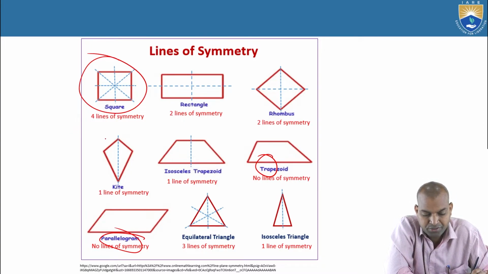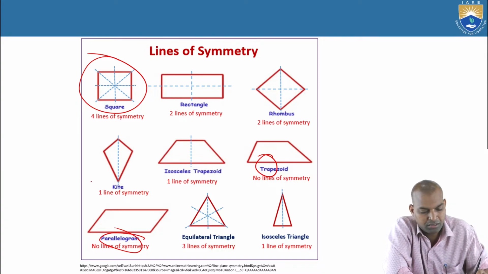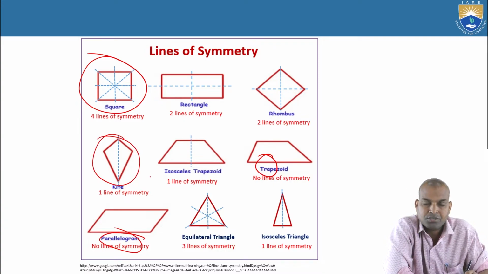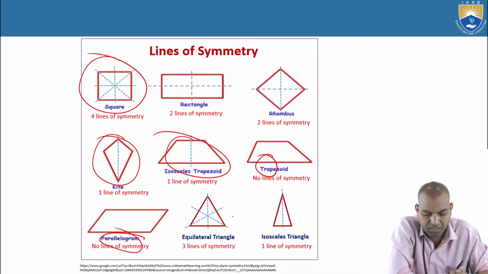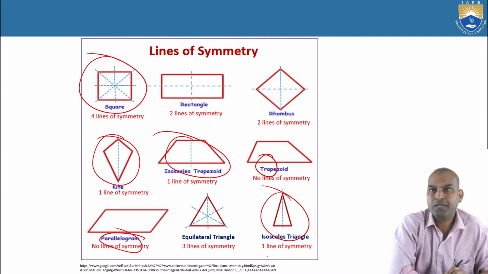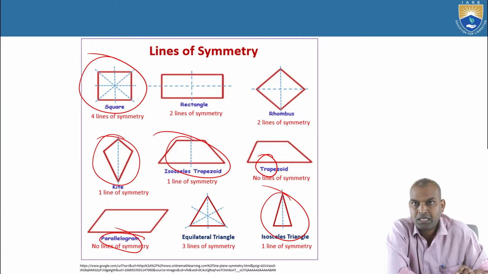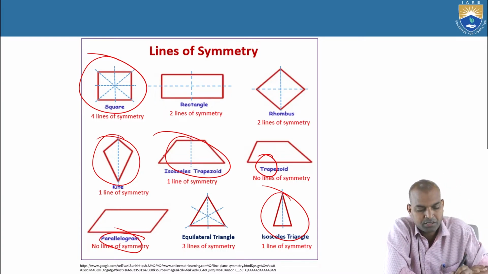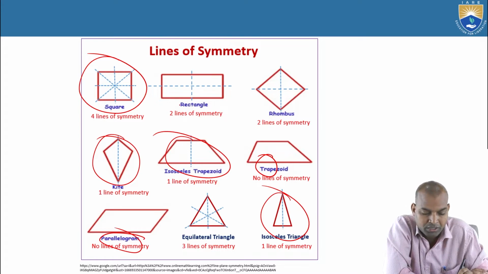And the single-line-of-symmetry figures are the kite, the isosceles trapezoid and the isosceles triangle. And there are 2 figures in these plane figures that have 2 lines of symmetry, both axis x and axis y. One is the rectangle and another one is the rhombus.